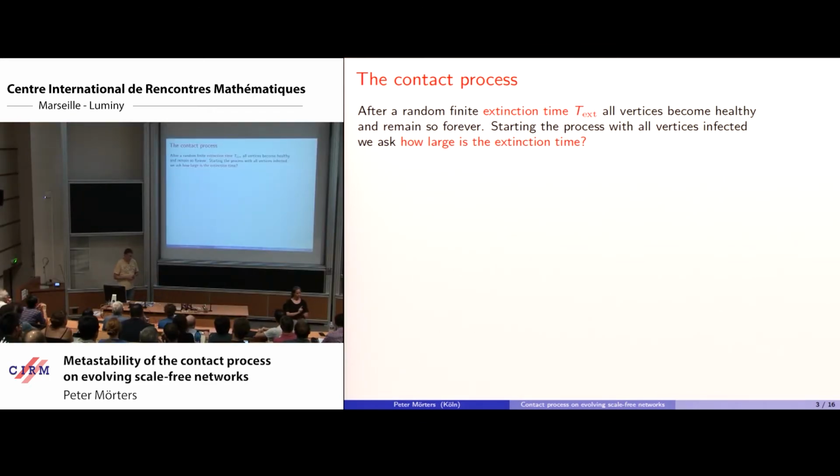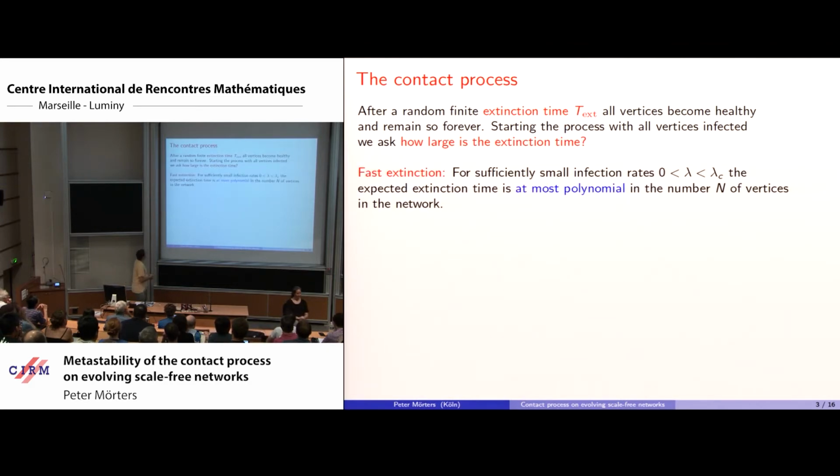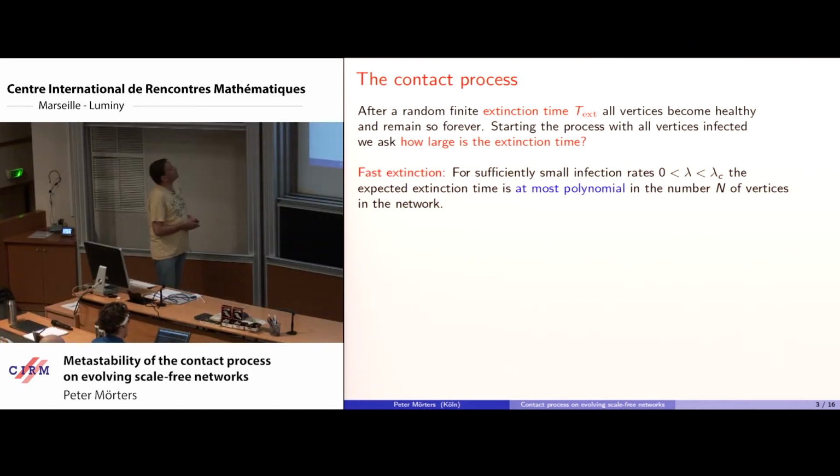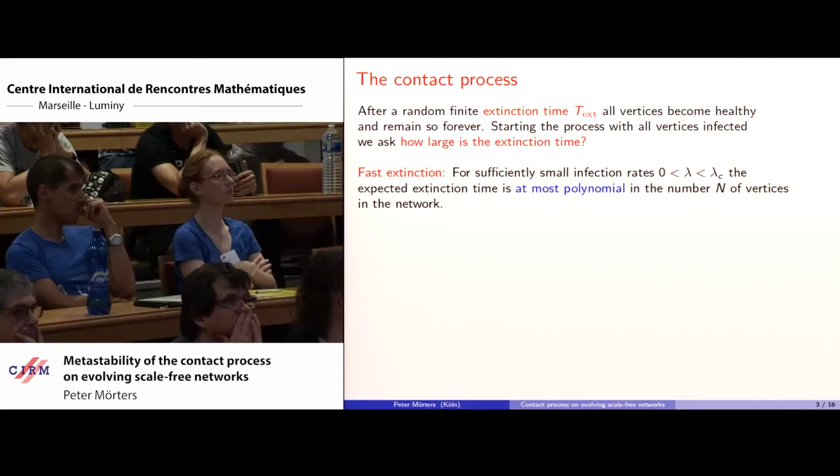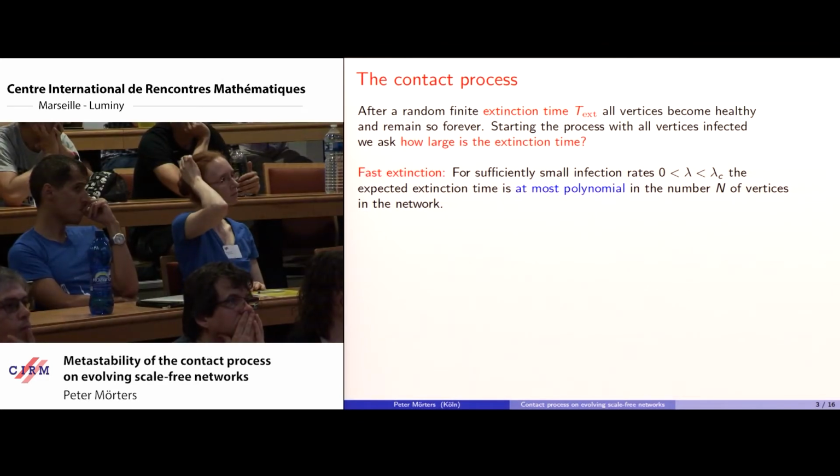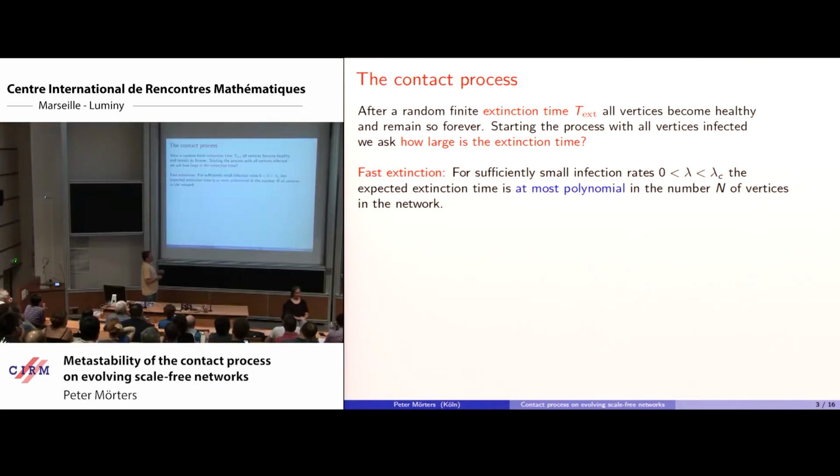There are two principal scenarios that can occur, and one I call fast extinction. Fast extinction means that for a sufficiently small but positive infection rate lambda, the expected extinction time is at most polynomial in the number n of vertices in the graph or in the network.